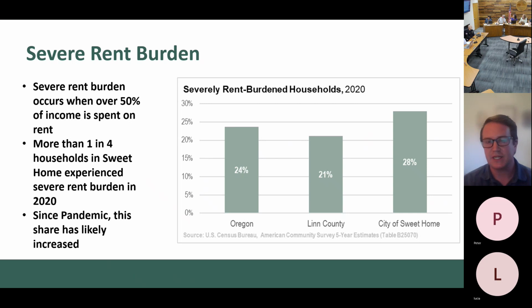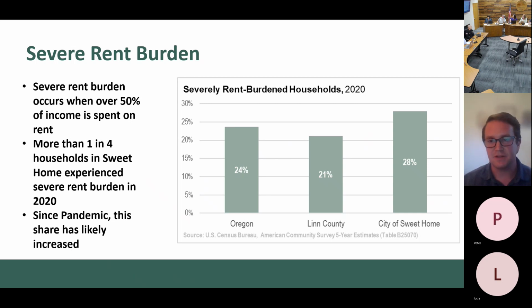With respect to affordability, one metric that the state is really quite eager for us to discuss with decision makers is severe rent burden. And that's a condition where rental households are spending 50% or more of their income to rent the unit.